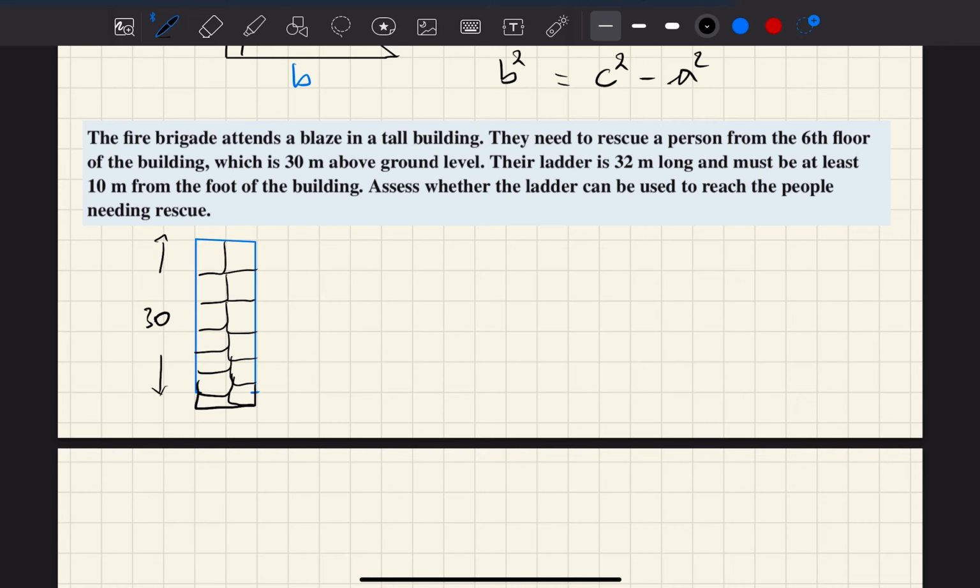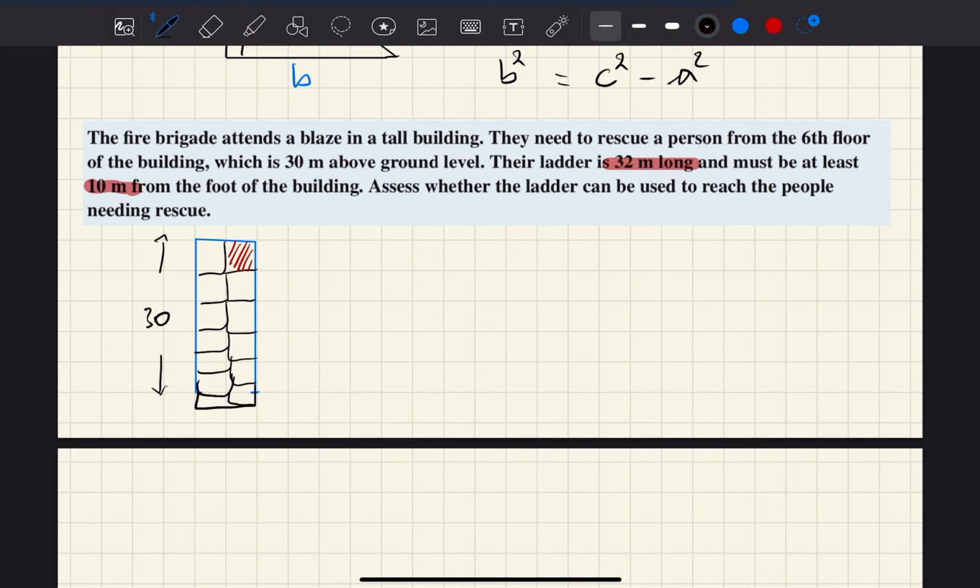So this is our building, and they told us the sixth floor. My diagram is not accurate, but we're going to assume that it is. So that means the fire is happening on this floor here. They told us the ladder is 10 meters from the building, and the ladder is 32 meters long.